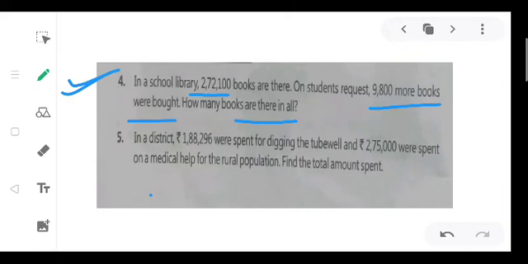Total amount they have spent, this we have to find out. So firstly we will write the statement. Money spent for digging the tube well is equal to 1,88,296 rupees. Then money spent for medical help 2,75,000 rupees. Third statement you will write total money spent.